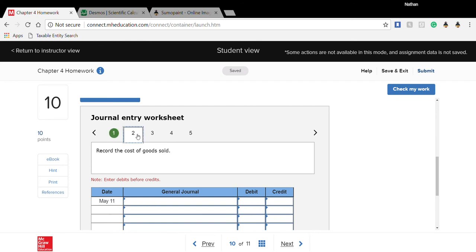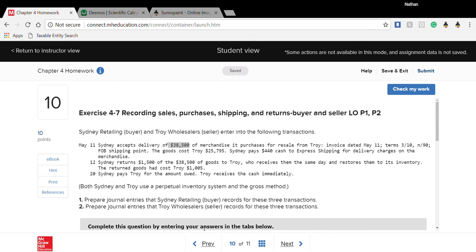It's always a sale on account. Number 2, record the cost of goods sold. Again, this is basically recording the expenses. So we're going to look at cost of goods sold. Our other account, we lost inventory. Basically, again, we don't own the inventory. We look at how much it was right here.